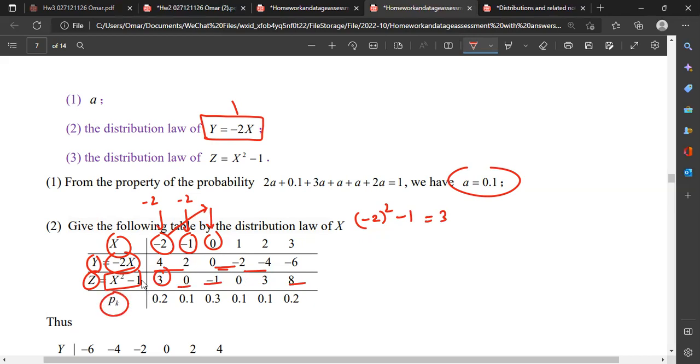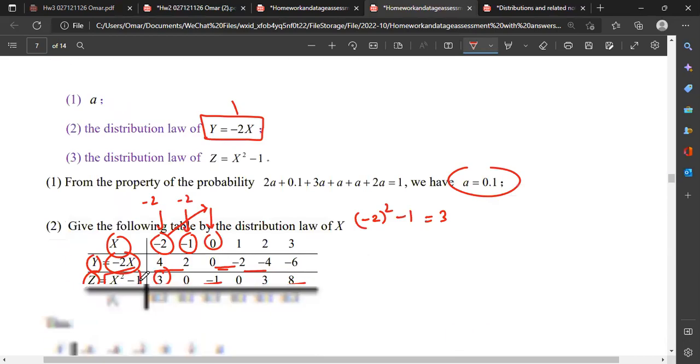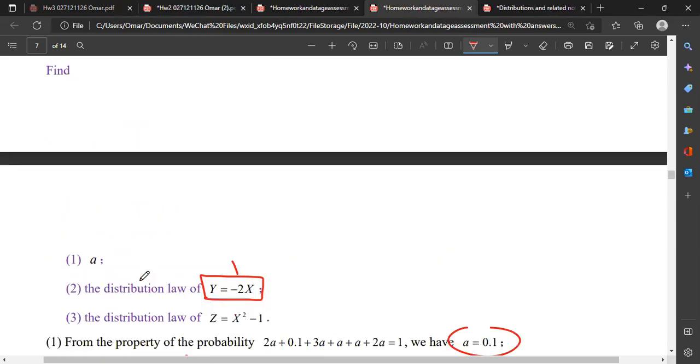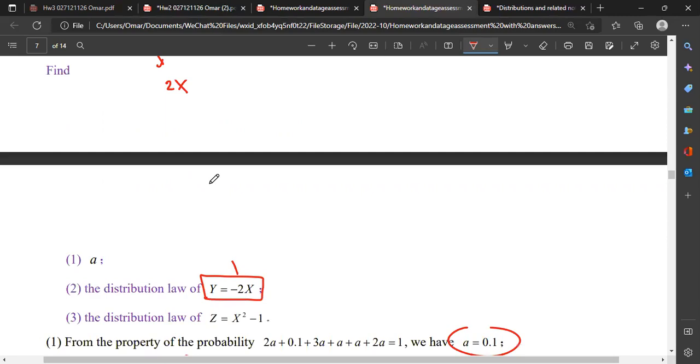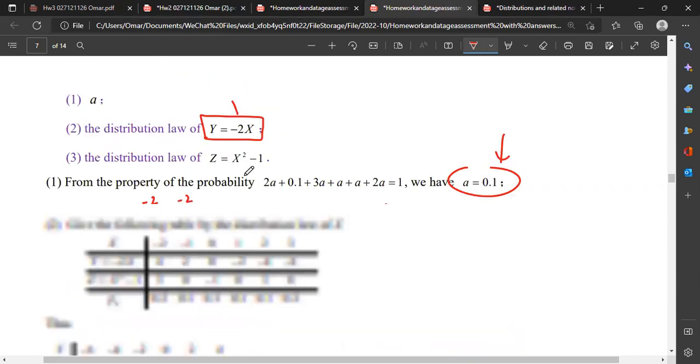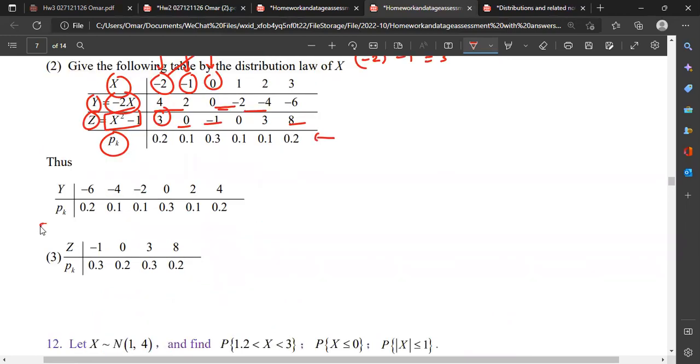And then pk is not given, but we just substitute the value of a here. Okay, you see here 2a. We already got the value of a, so the value of a is 0.1. So 2 times 0.1, it will be 0.2, right? So this way you calculate pk, substitute the value of a, and thus you get the new distribution.